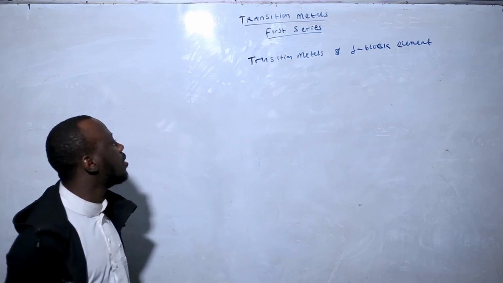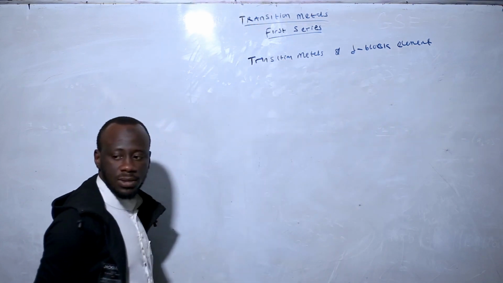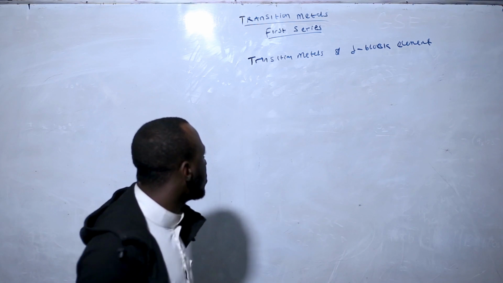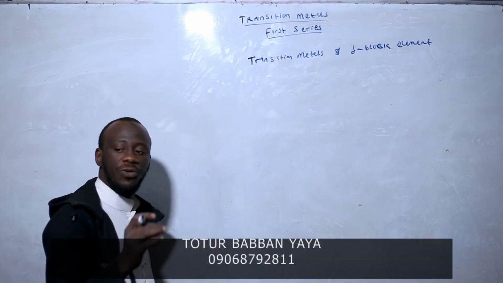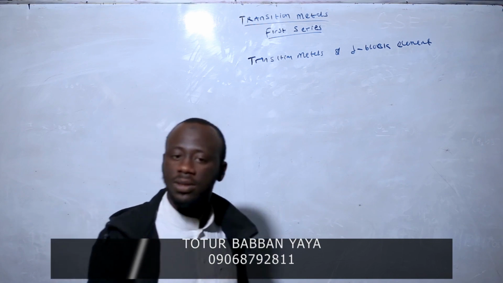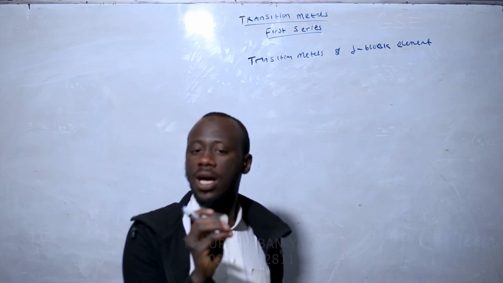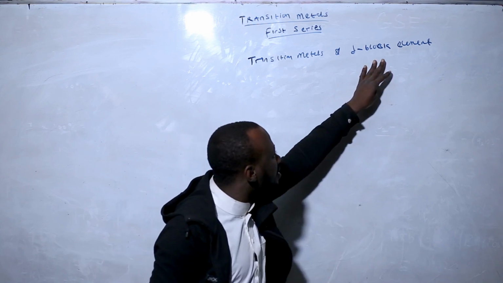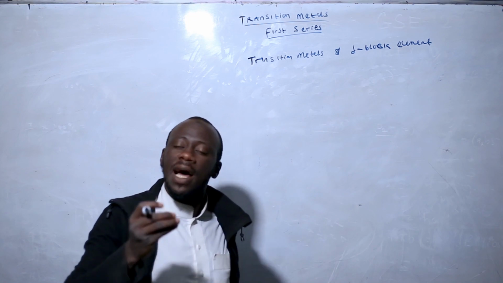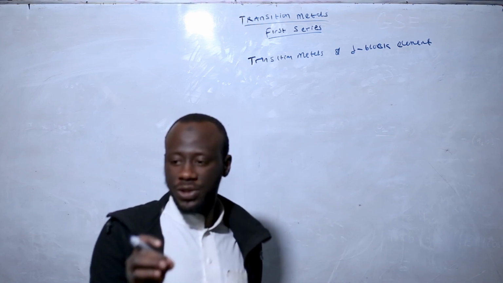Transition metals are elements that have incomplete or partially filled d subshell, either in the atomic state or in their ionic state. While d block elements are elements whose last electron resides on d orbital or d subshell.